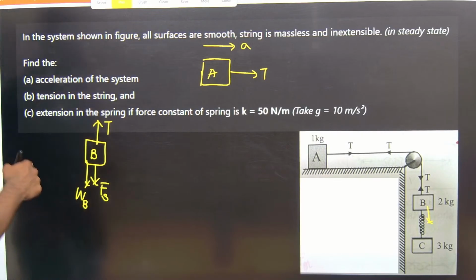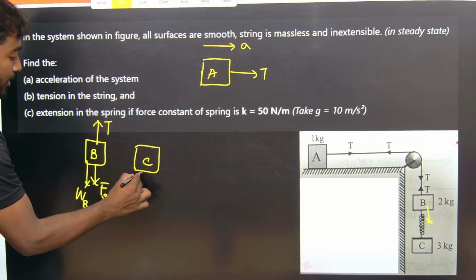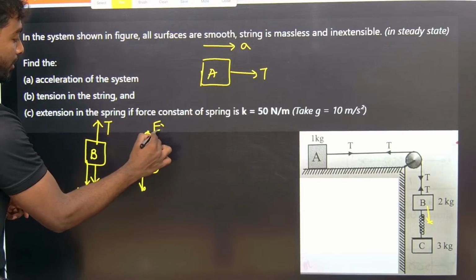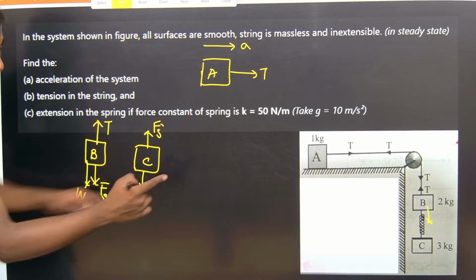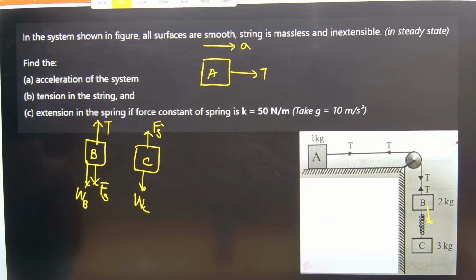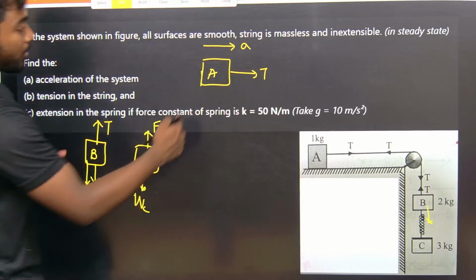This is for diagram 2. Next is block C, this has the spring force F, and here the weight is also acting, WC, that's it. So now you can write the equations of the given free body diagrams.